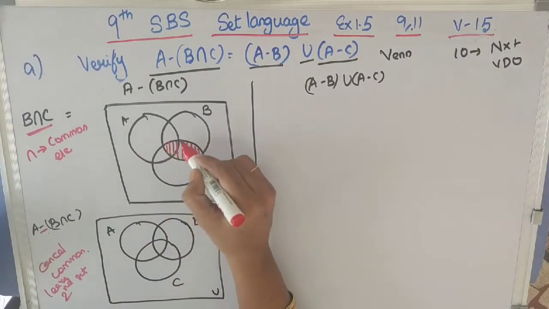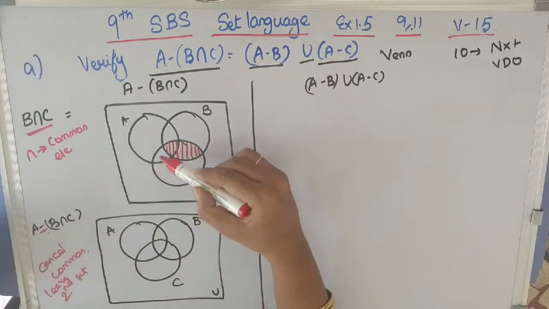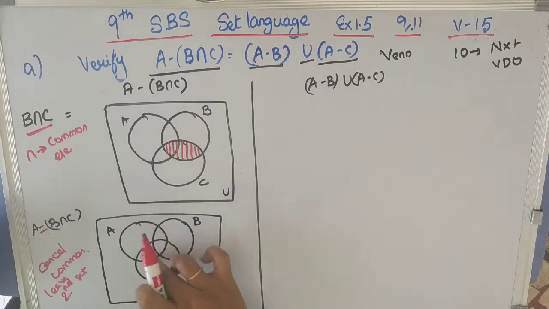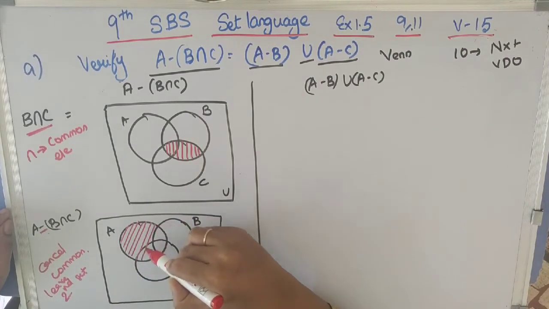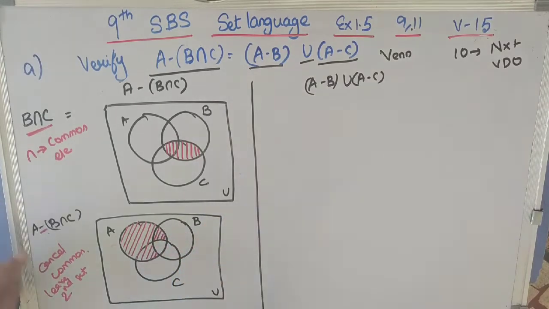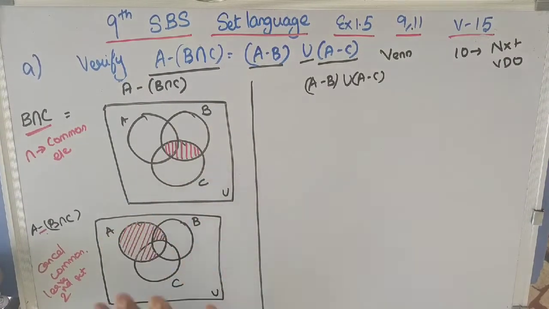The common element between A and B intersection C is this small part, and we have to leave the entire B intersection C and shade the remaining part of A. We have to cancel the small part, that is the common between A and B intersection C, leave the B intersection C completely and shade the remaining set of A. Clear? Now I am going to mark this as 1.